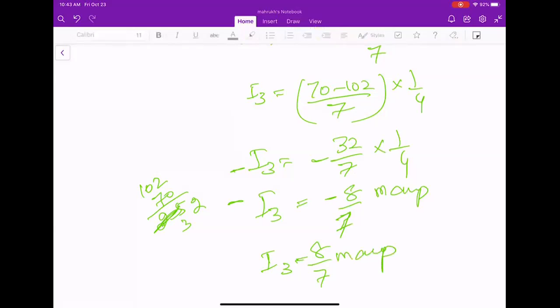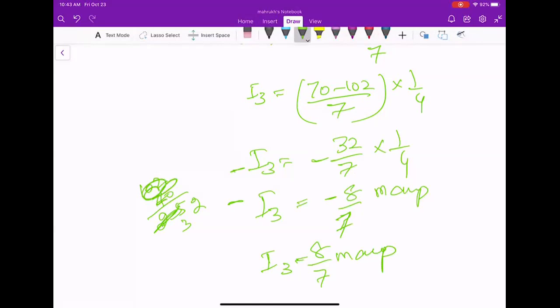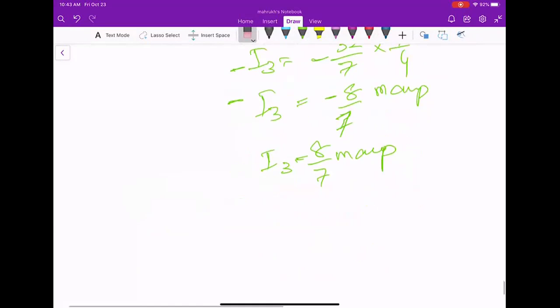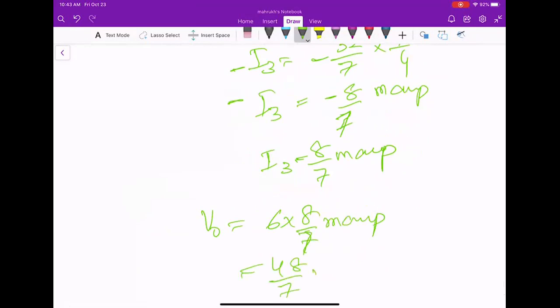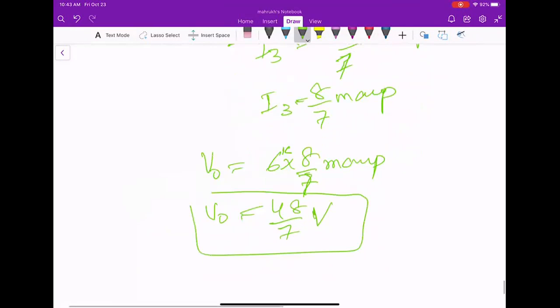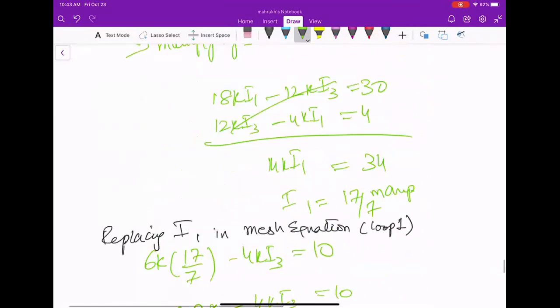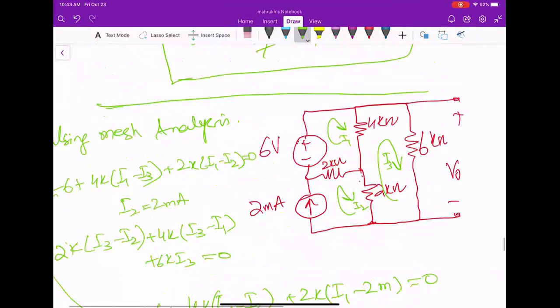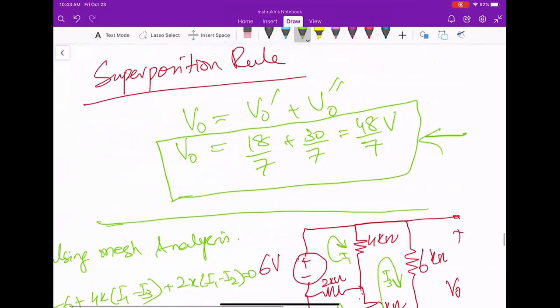Sounds good? Yes. Okay, so now V naught is 6K into 8 by 7 milliamps, which is equal to 48 by 7 volts. So this is our V naught, which is equal to the V naught from before.